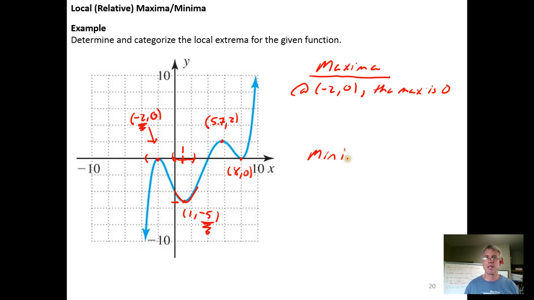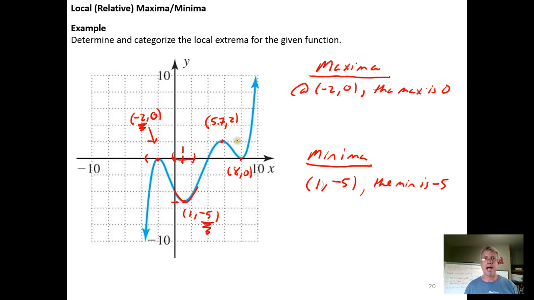So minima. There's going to be a local minimum value at the location, input 1, output -5, and at that location the local minimum is the -5.